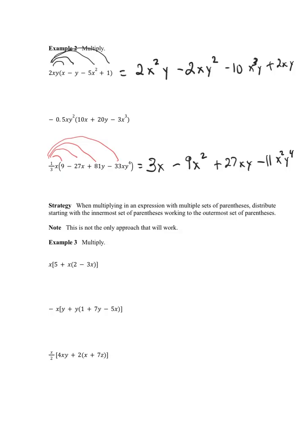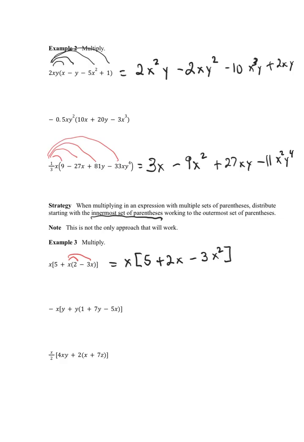All right, and now one last part is if you have multiple grouping symbols, so you're still using the distributive property, but you start with the innermost set of parentheses. All right, so first have to distribute that x in the parentheses. So I'm just going to leave all the other bracket stuff the same. So 5, that would be plus 2x minus 3x squared.